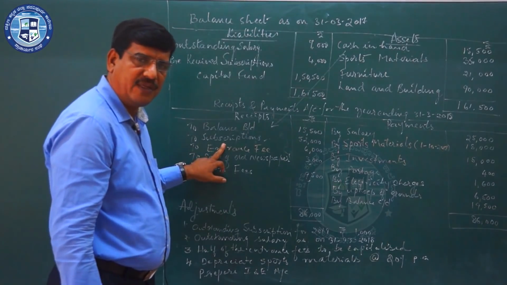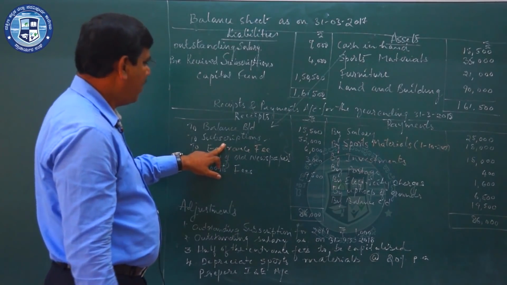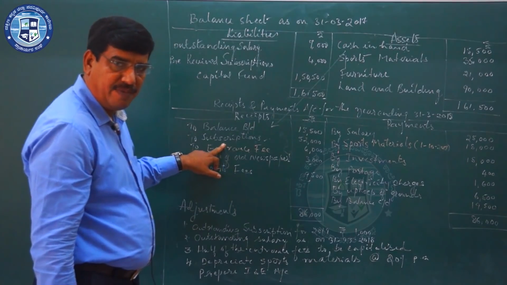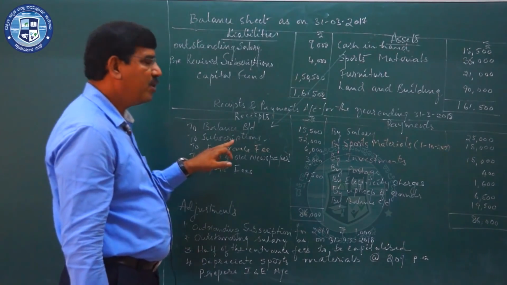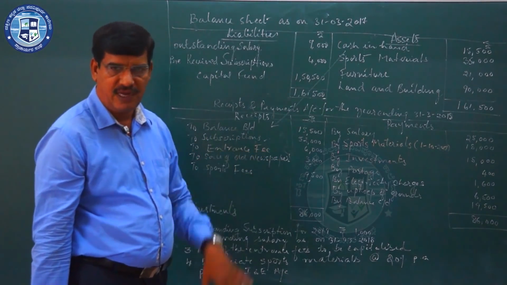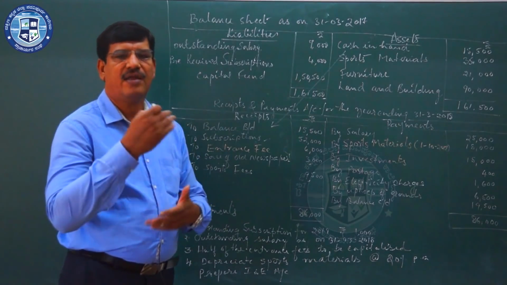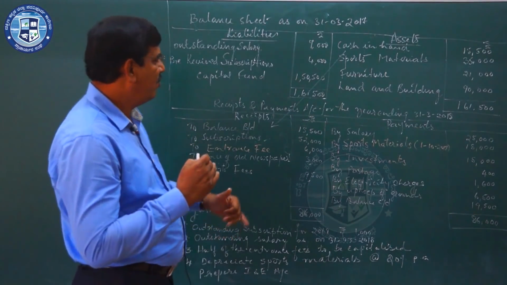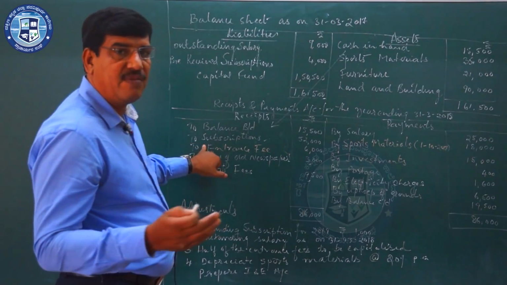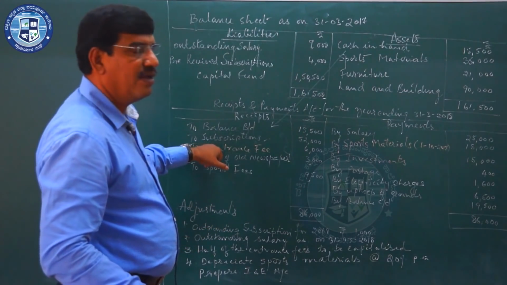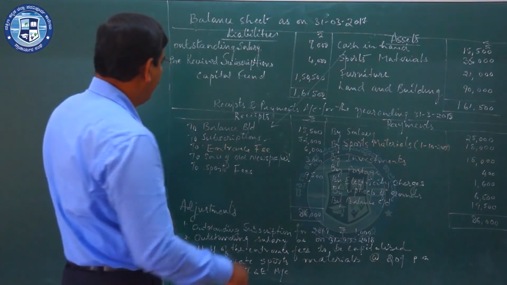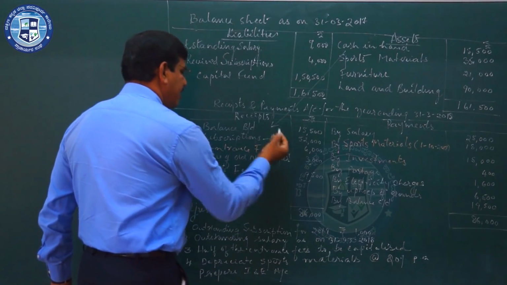Subscriptions are the amount received from the members, the contribution from the members received annually. So every year we are receiving this amount. Since you are receiving them regularly, they are recurring in nature, so they are revenue receipts.